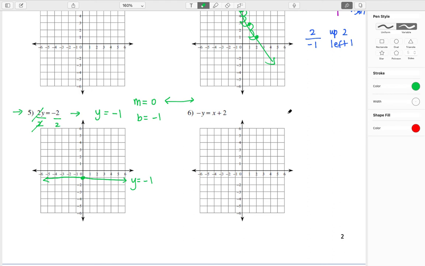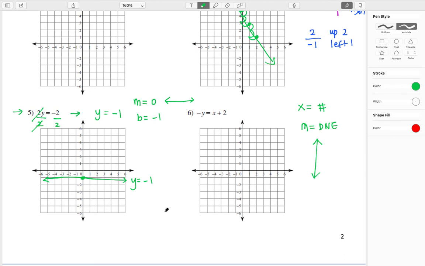On the other hand, if you have x is equal to, let's say, a number, that means the slope does not exist. It's undefined. So therefore, your graph is going to be a vertical line.